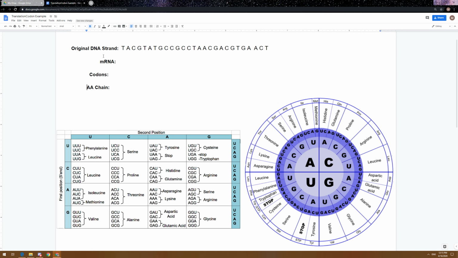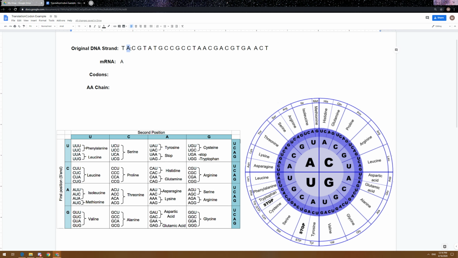Okay, so what I'm going to do is look at my DNA strand here, and transcribe it into messenger RNA. The way that we do that is the same way that you would make a complementary DNA strand here. You would just take your T, and you would put what it pairs with down here. So that's normally T pairs with A. Easy enough.